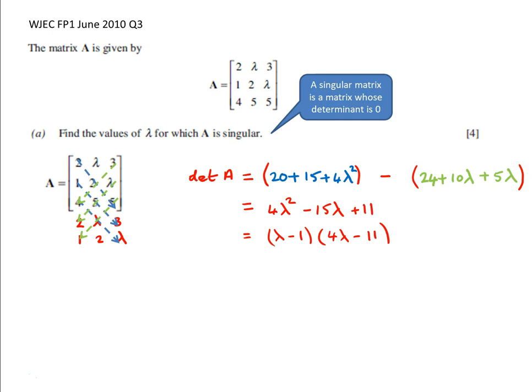That means we're trying to find the values of lambda for which the determinant of A is 0. And from the factorised form, we can see the determinant of A is 0 if lambda equals 1 or 11 over 4. So the matrix A is singular if lambda equals 1 or 11 over 4.